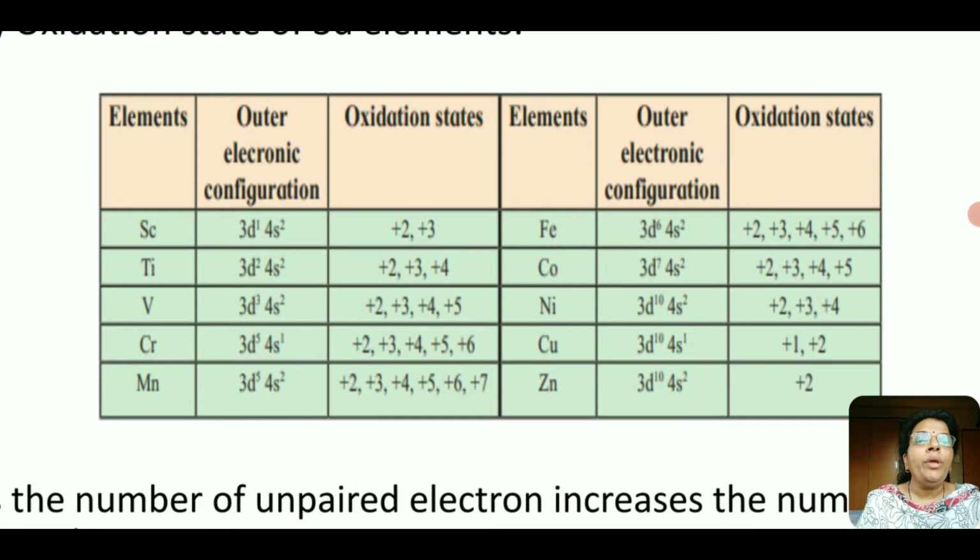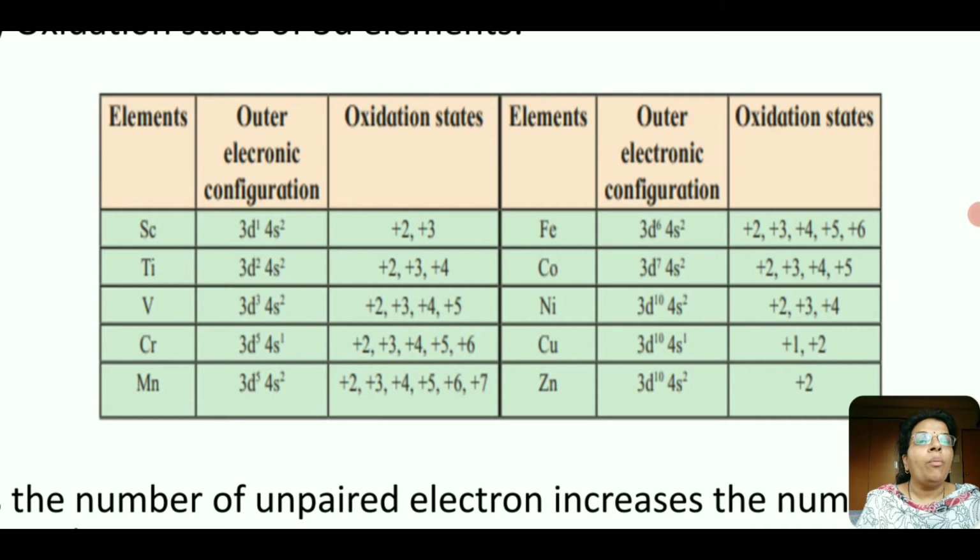Now chromium shows +2, +3, +4, +5 and +6 oxidation states, and this chromium shows +1 oxidation state also. In the +1 oxidation state, chromium has a half filled d orbital. Then chromium is stable in the +6 oxidation state also due to argon gas configuration.